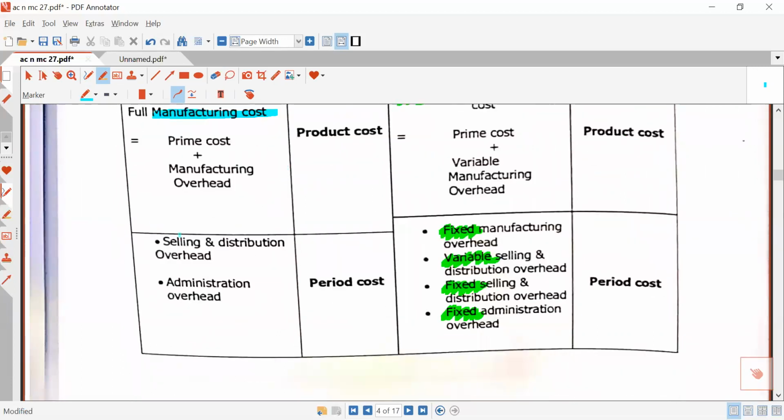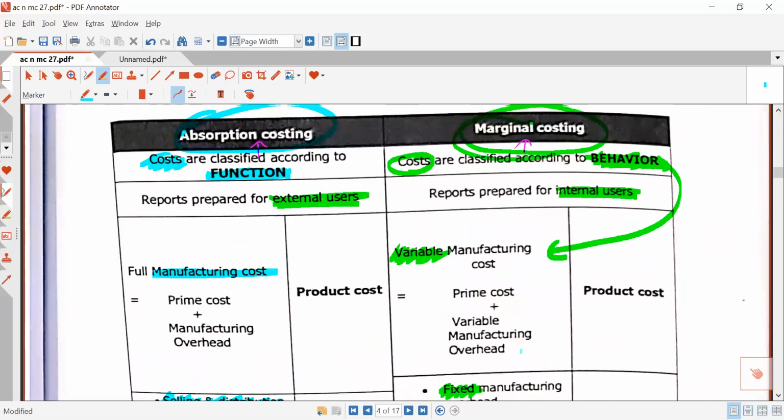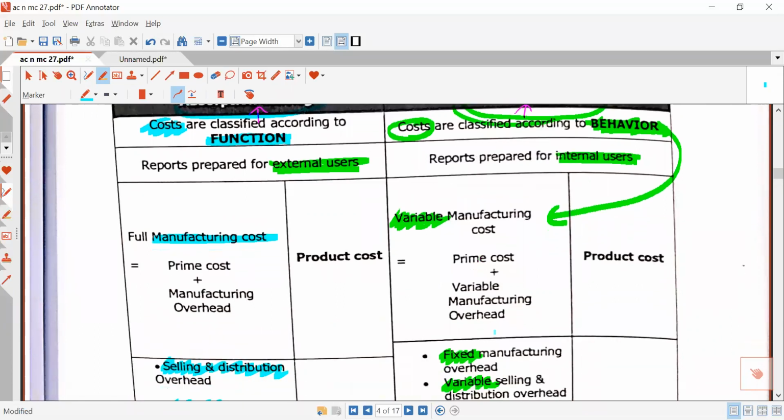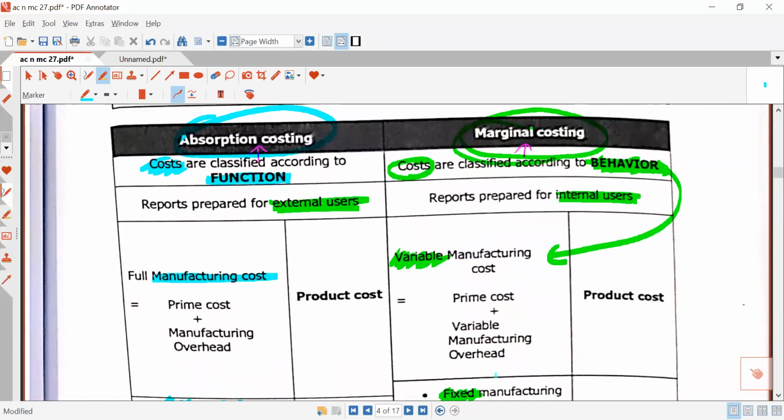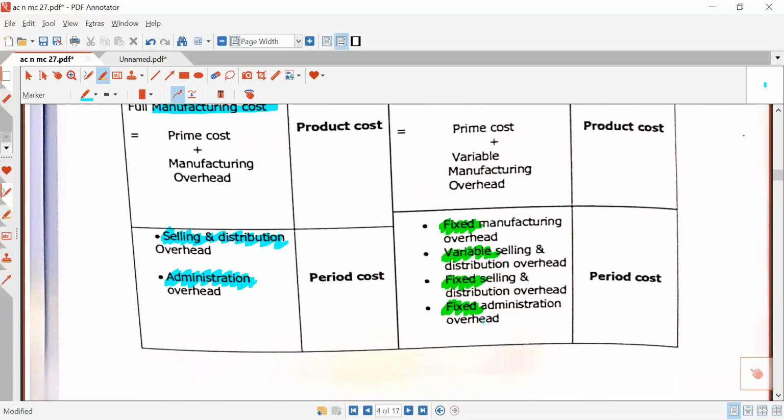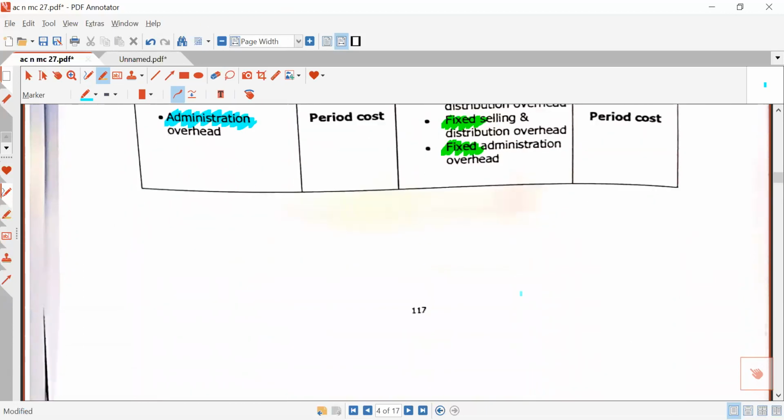And if you look at the period cost, the function here is the selling and distribution overhead. And here is the administration overhead. So basically, these are the differences between marginal costing and absorption costing profit statement.